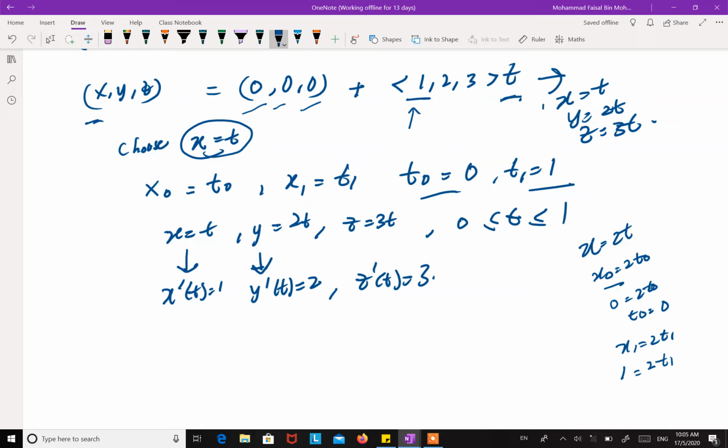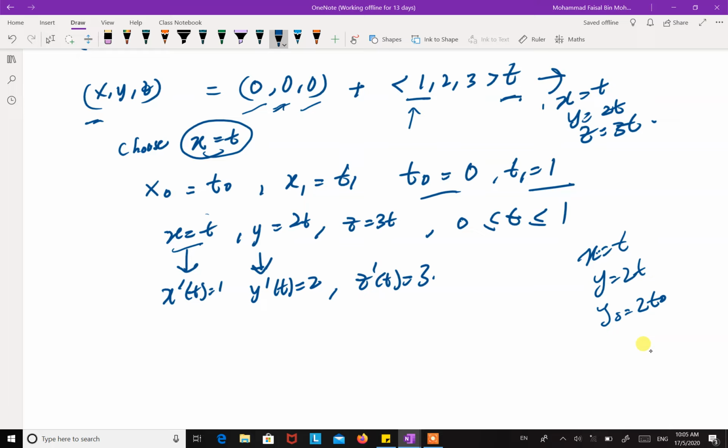Sorry, I think I have made a mistake. x equals to t from here, y equals to 2t. So y naught will be 2t naught, so y naught is 0. So t naught will be 0.